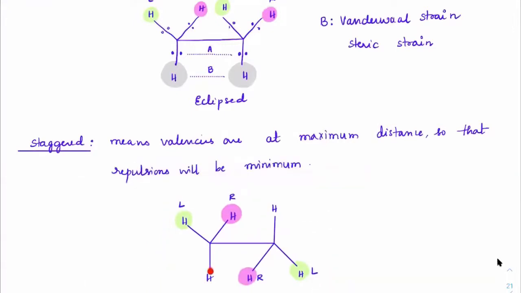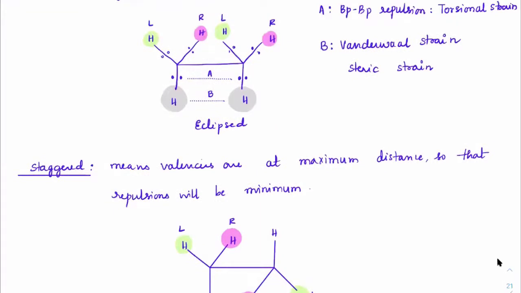Now, with respect to this bond pair, there is no other bond pair here to repel. Here, the repulsion may happen between this bond pair and this bond pair, but that is very less, significantly less. So the side-by-side repulsions, which have to be more, have now reduced, as you separate them to the maximum distance.